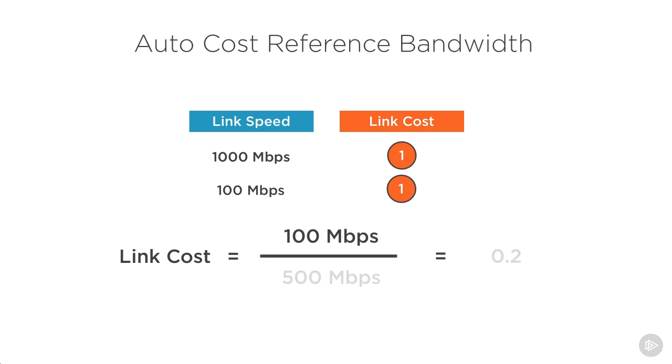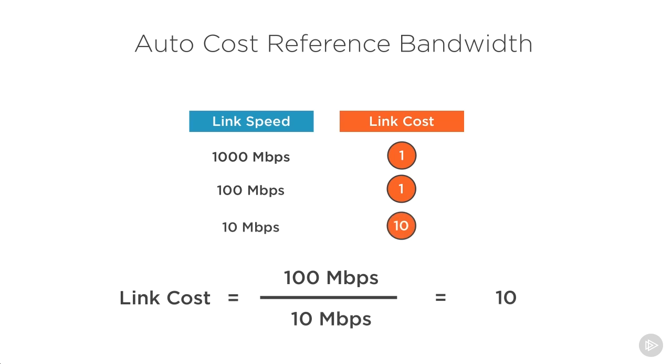If we have a 500 megabit link, the cost is also going to be 1. So effectively here, when our auto cost reference bandwidth value, the default value on a Cisco router, is set to 100 megabits per second, any link that is 100 megabits per second or faster is going to get a cost in OSPF of 1.